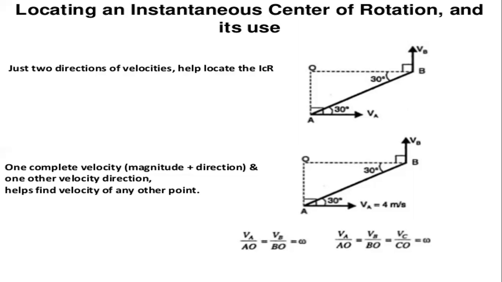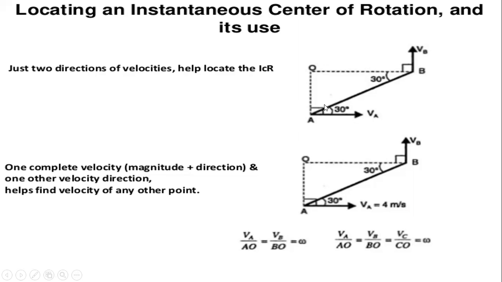So first of all, there are two directions of velocities in this diagram. You can see the velocity of A, which is in the x-axis direction, and the velocity of B is in the direction of the y-axis.